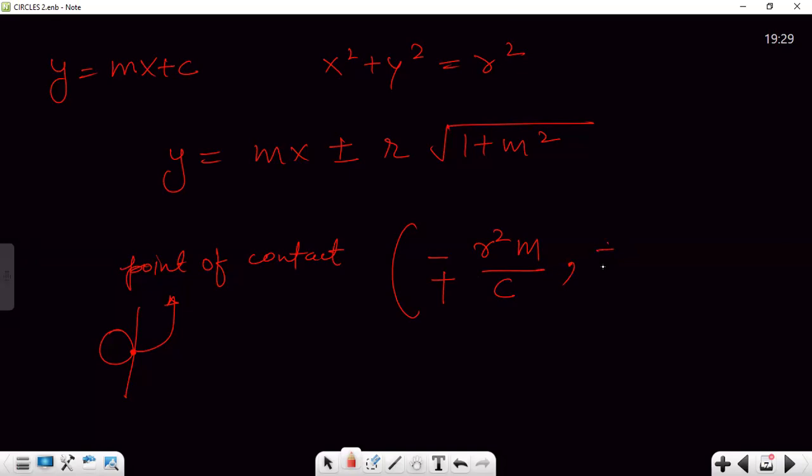This is the point of contact. You can also find it out by solving the two equations, y is equals to mx plus c and the circle.